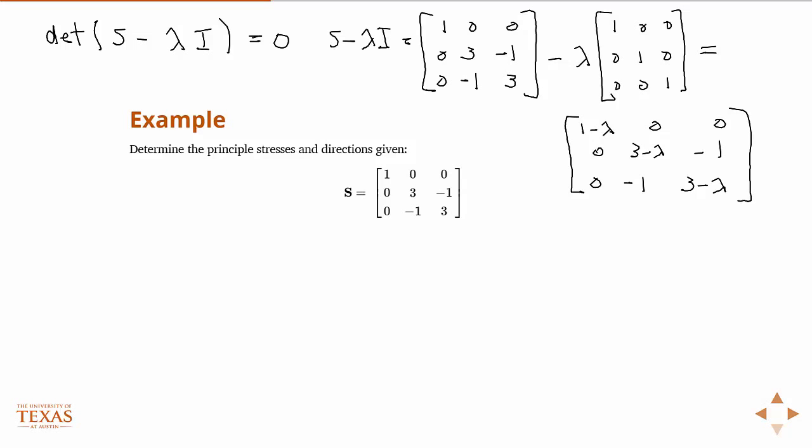All right, so now we're going to take the determinant of this thing, and that's going to be equal to 0. So what's the determinant of that matrix? You remember I said the trick for solving the determinant is we take this guy and multiply by the determinant of this.